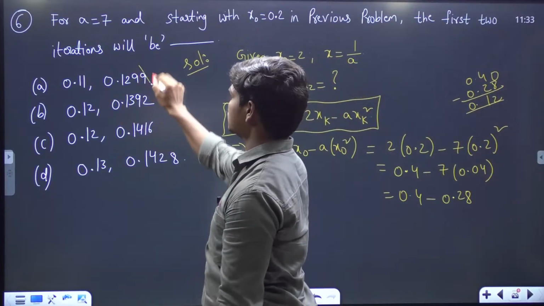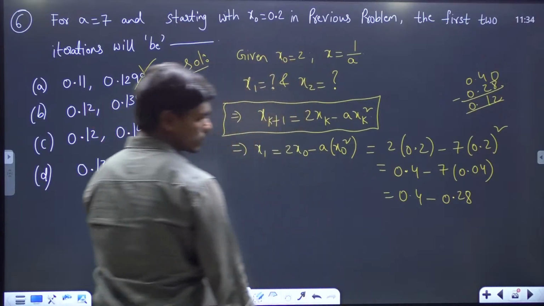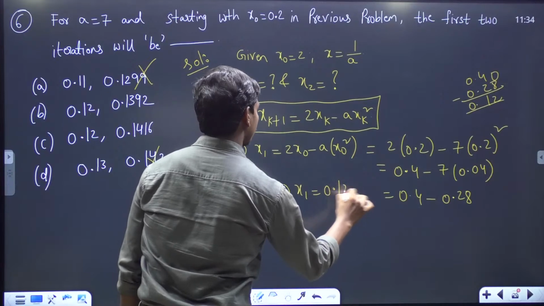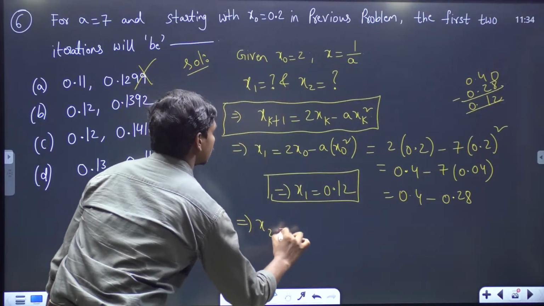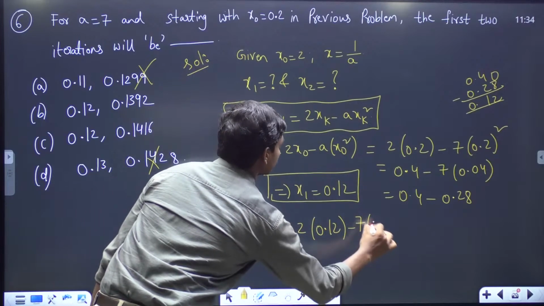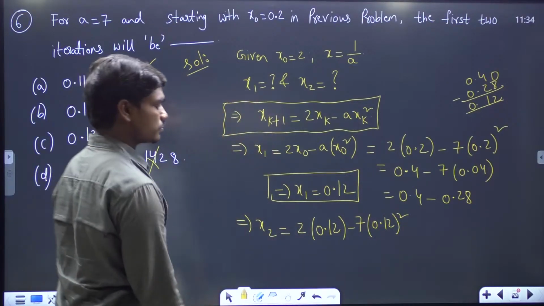But two options are here with 0.12, so this is wrong and this is also wrong. So you got x1 as 0.12. Next, calculate x2, which is 2 times 0.12 minus 7 times 0.12 whole square. So calculate this.